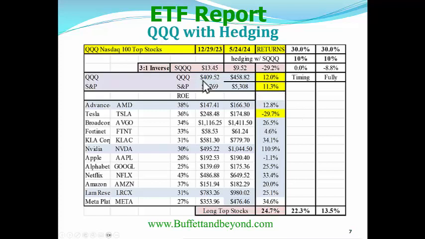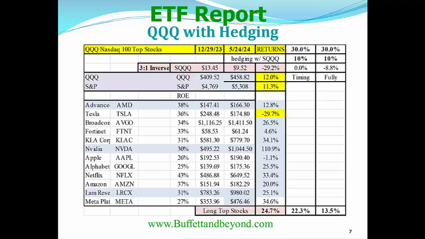We hedge with the inverse QQQs, which is SQQQ, and that stands for short. So when you buy some of this, you are short the QQQs, and in this case, it's a triple inverse ETF. So if you put 10% in this, you are insuring your portfolio 30%. A 3-for-1 inverse ETF. Very, very neat.